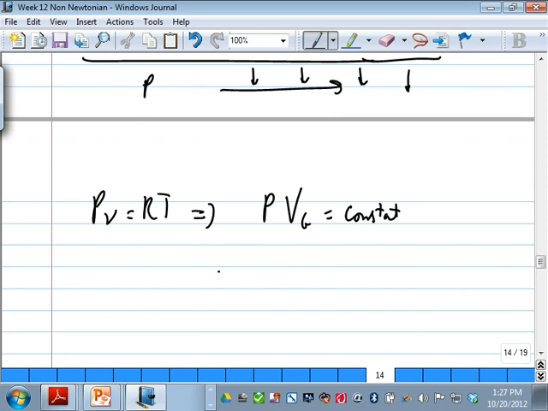What you're actually supposed to do is P dVg plus V dP equals 0, constant. The rate of change of this, so use the chain rule. Therefore, you get P dV equals minus V dP.